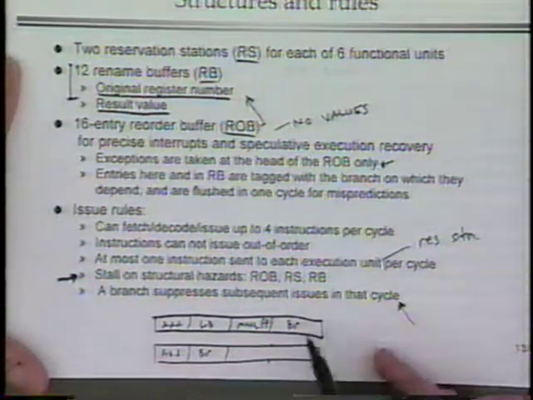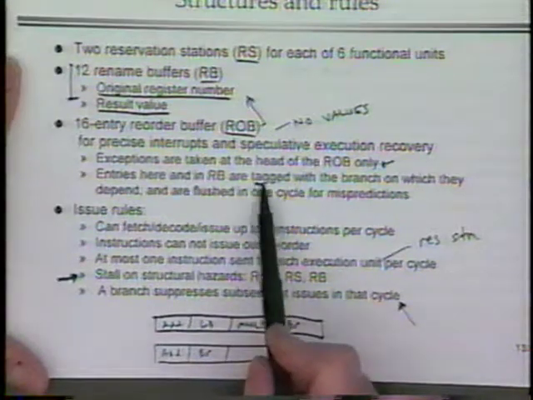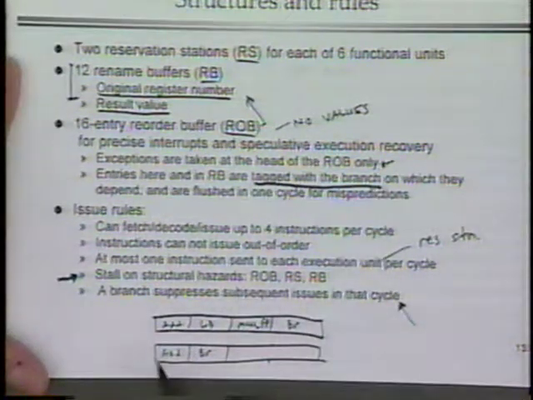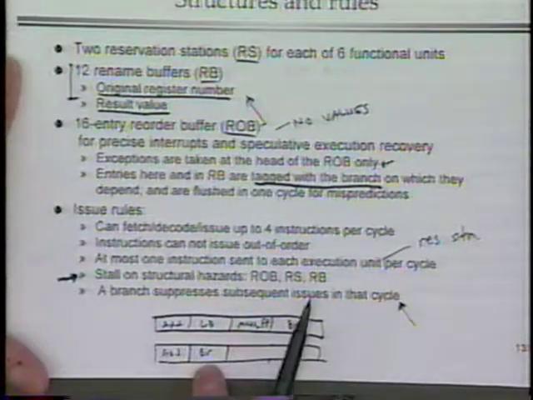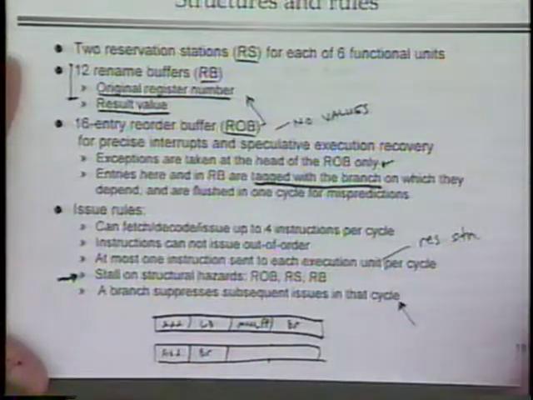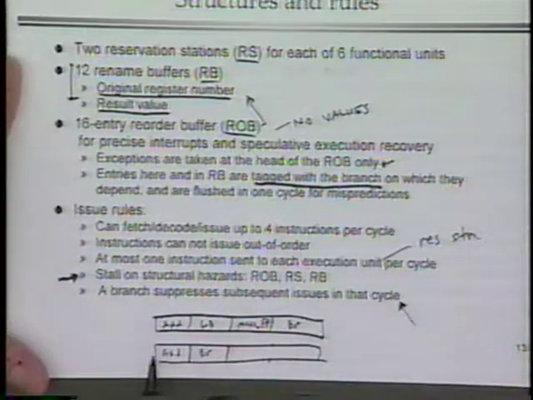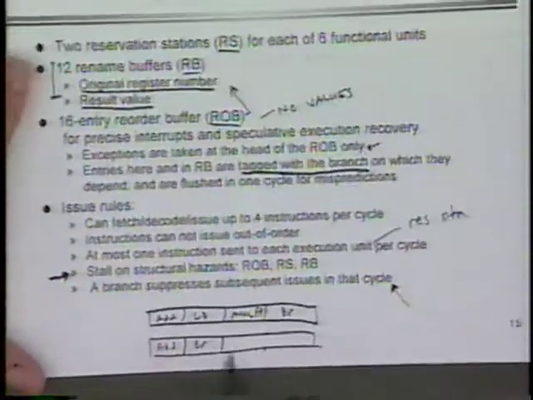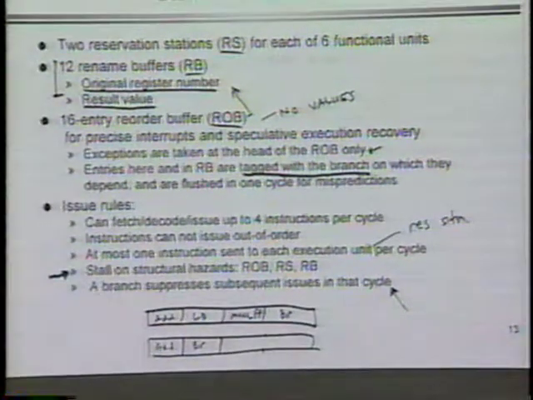It has to do with this tagging of entries with the branch on which they depend. It makes it much easier if there's only a single branch with each parallel issue of multiple instructions. So that's one of the limitations that limits the number of simultaneous instruction issues.